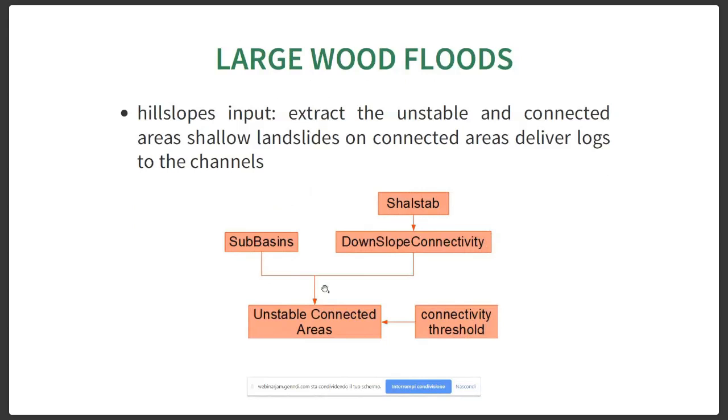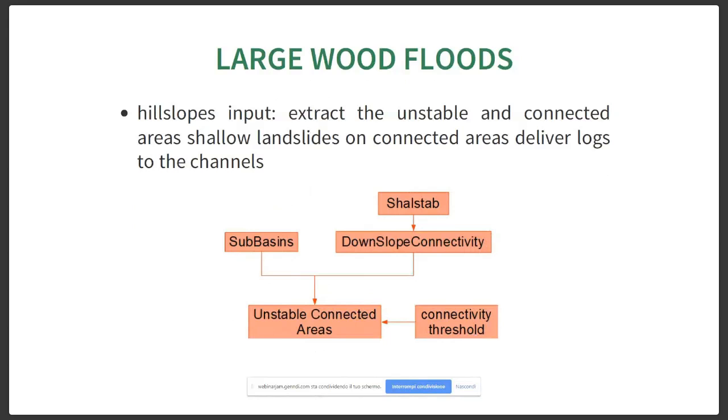And then from the stability coefficient and the downslope connectivity, we fix a threshold for which we define if it is connected or not. And from this, we extract the unstable connected area. This threshold is evaluated through field and literature data.